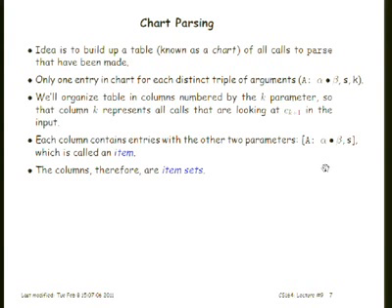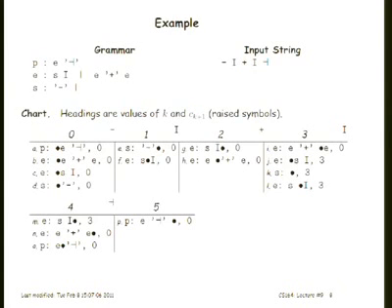And what this item here means is that we've parsed everything in the string up to position S, and everything between S and the current column has been parsed by alpha, and we are now looking at beta. So here's what it looks like very briefly, and we'll finish this up next time.